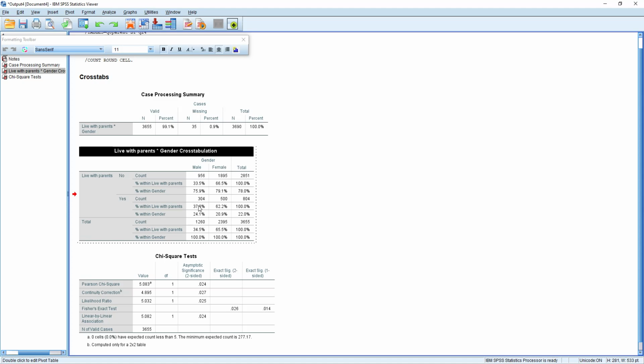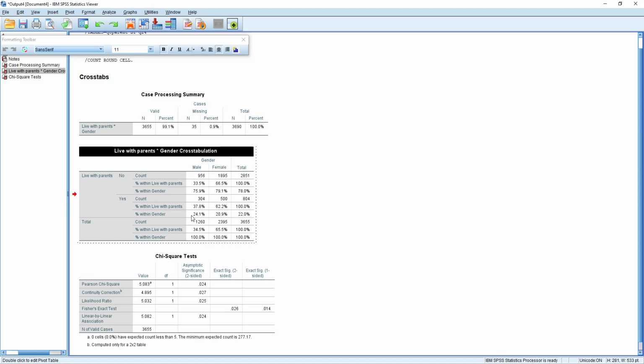And at the bottom of the table here, we have gender for those students who are living with their parents. Again, this is the row percentage. We can see that 37.8% of students living with their parents are male, and 62.2% of these students are female.